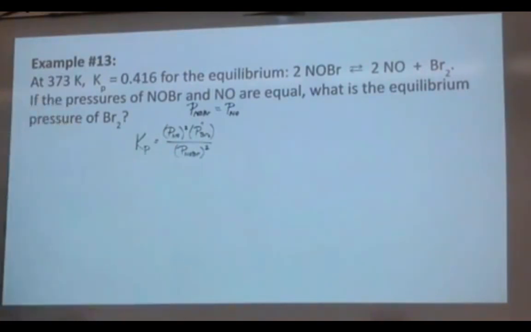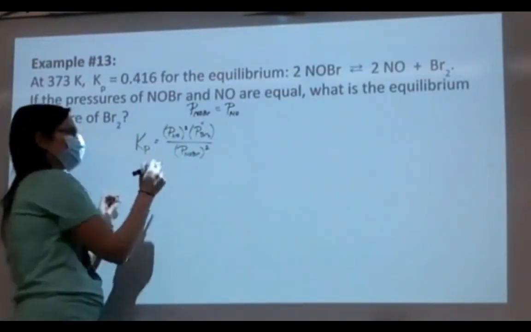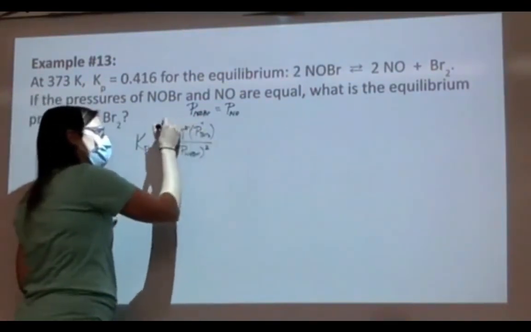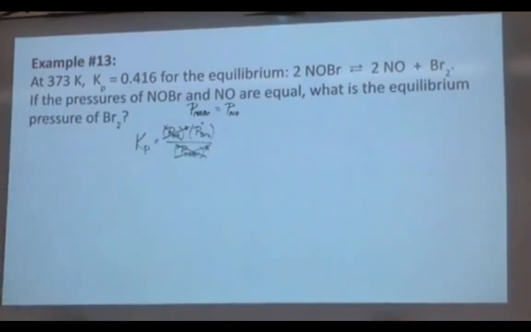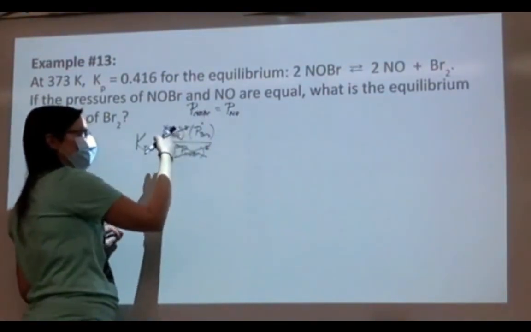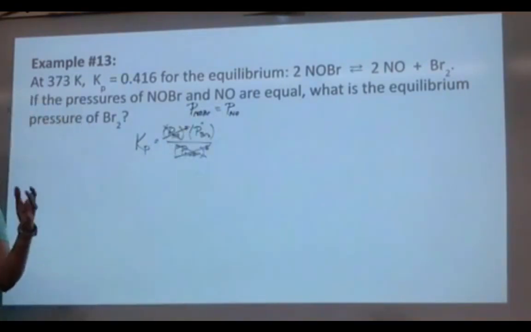And if you don't know what they're going to do, just pick a number to make them equal. Make it 1. 1 squared over 1 squared, those cancel. These two values cancel out. They are equal. So if instead of pressure of NO, I plugged in pressure of NOBr, then you have pressure of NOBr squared over pressure of NOBr squared. They cancel out.